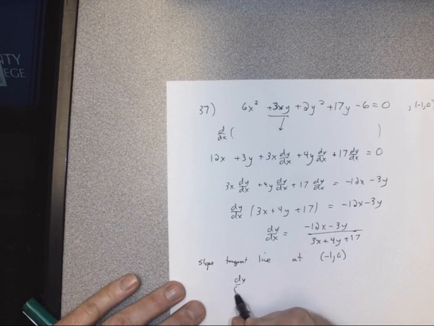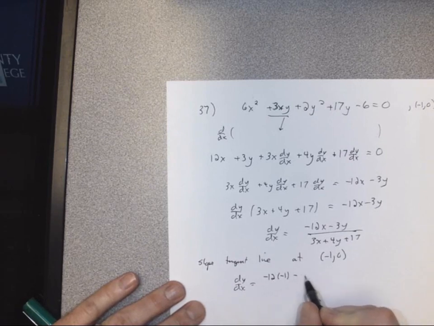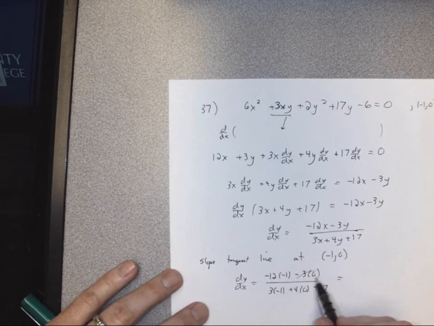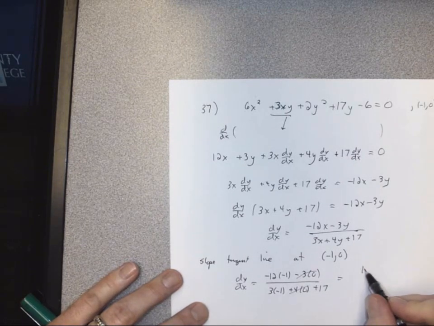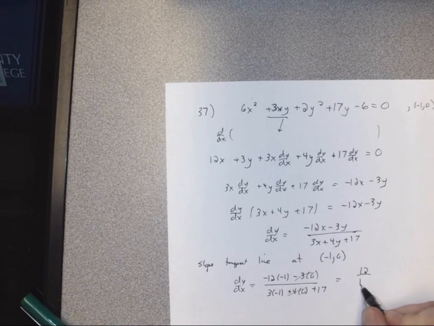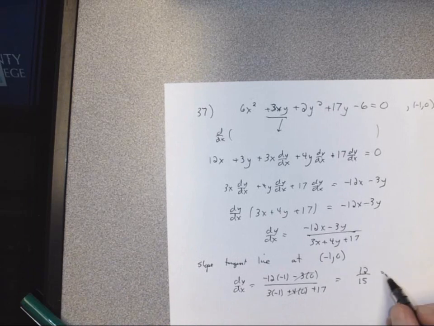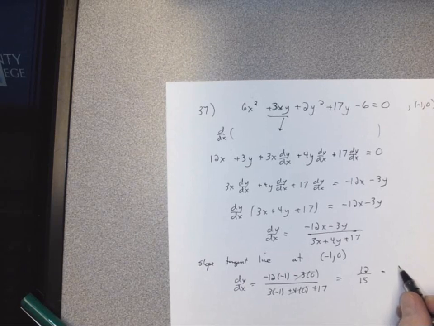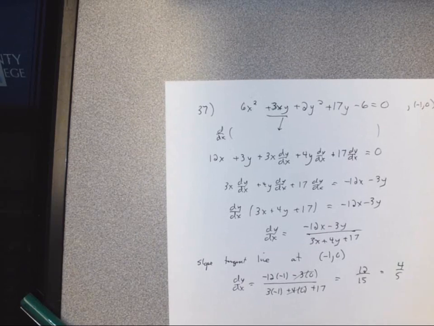So that means dy/dx is going to be equal to -12 times -1 minus 3 times 0, all over 3 times -1 plus 4 times 0 plus 17. So this is going to give us 12 all over -3 plus 17, which is 15. They're divisible by 3, so 4 over 5.